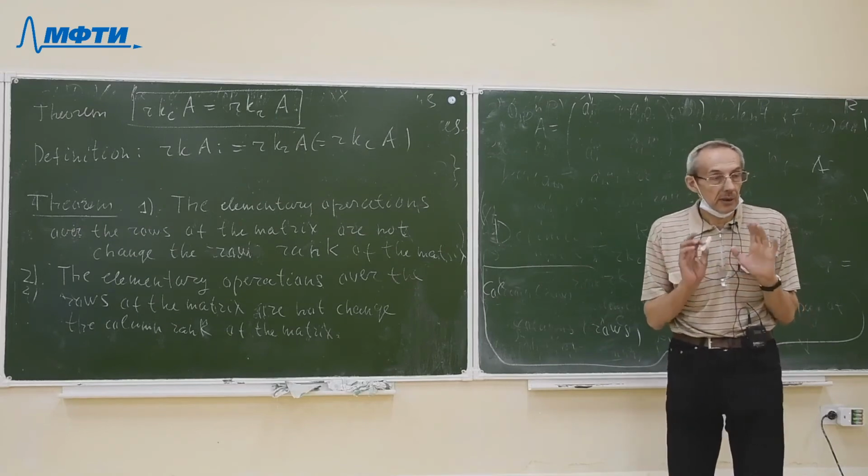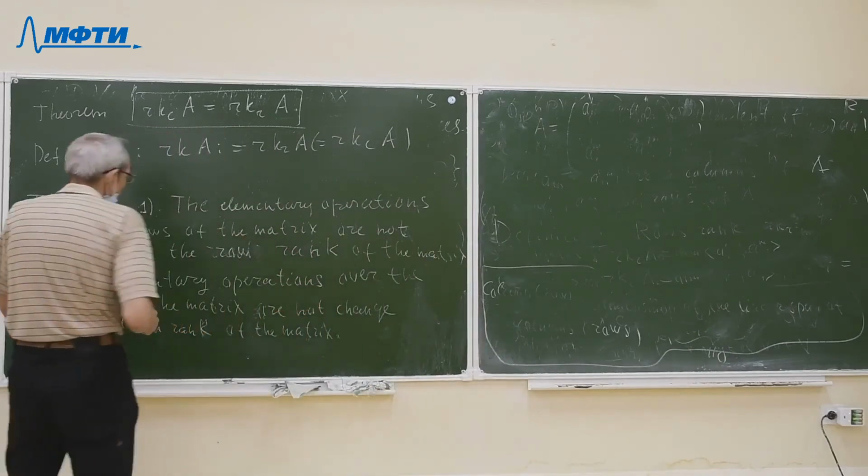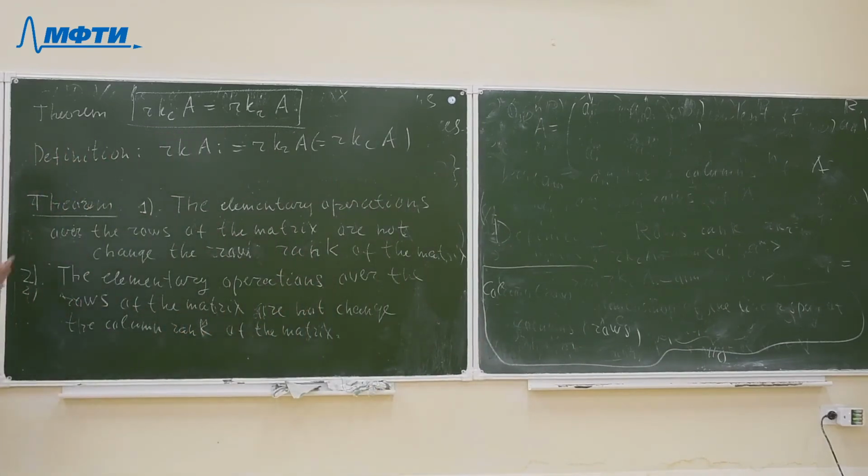The first part is trivial enough. What does it mean that elementary operations do not change the row rank of the matrix?